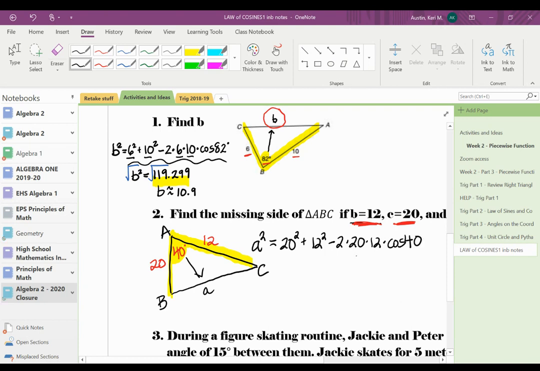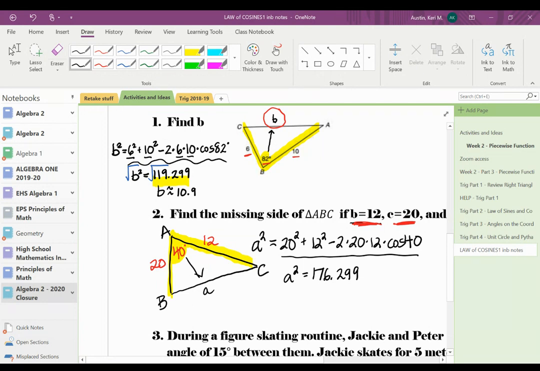All right, I get to type that whole thing in my calculator. a squared equals 20 squared plus 12 squared minus 2 times 20 times 12 times the cos of 40. I encourage you to at least try, maybe while you're watching this, to see if you can type it in and get it correctly once before you try the activities.